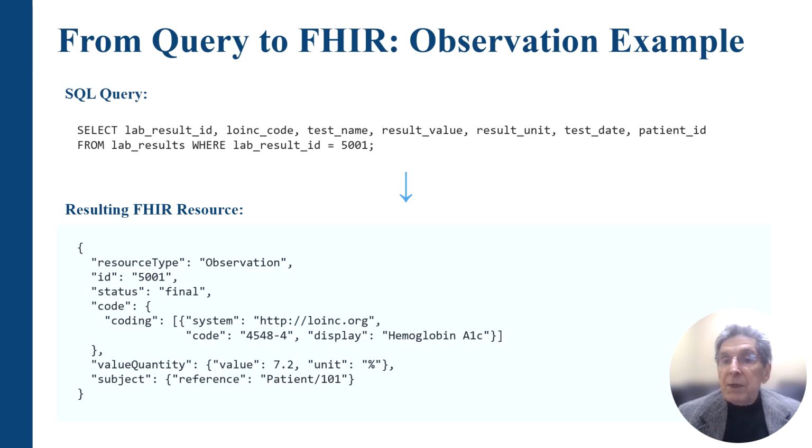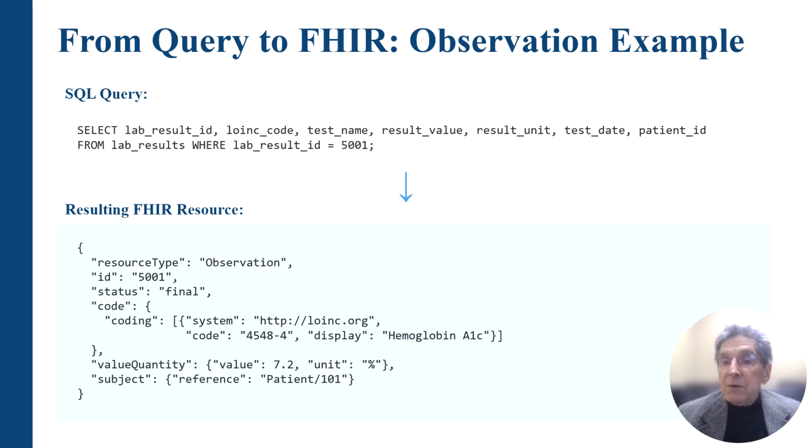The subject element references the patient, like in this case, patient 101. And this is how FHIR resources link to each other, through references that specify the resource type and the ID. So let's look at how our lab results table columns map. The LOINC code becomes code.coding.code. Test name becomes code.coding.display.